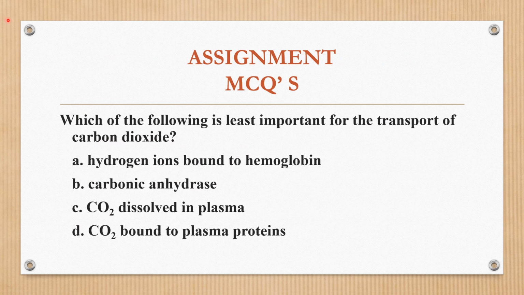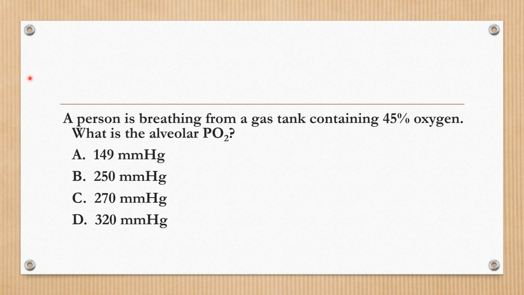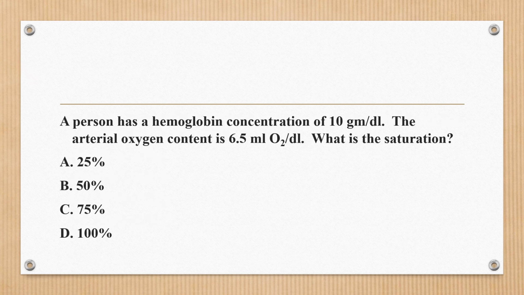I'm not going to give the answers, so read the questions, write down the answers on paper and post them in the group. This is the first question, and then this is the second question. Third question.